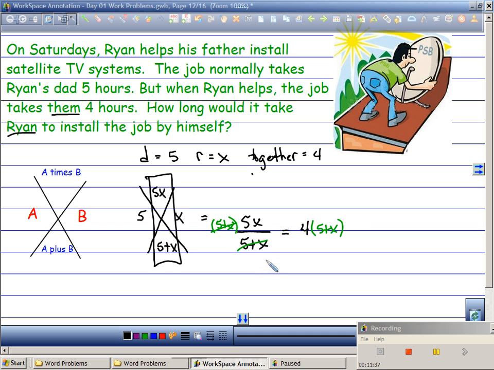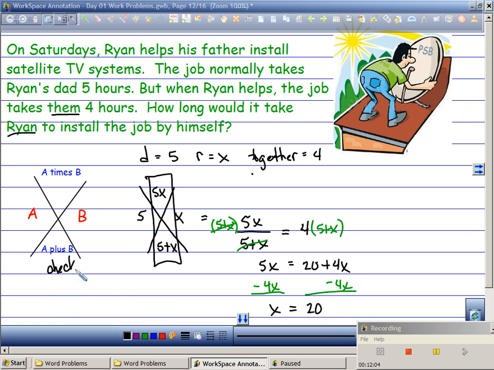So I'm left with 5x equals 20 plus 4x. What's my next step? Take 4 x's off of each side, and I'm left with x equals 20. Wow, Ryan is slow.